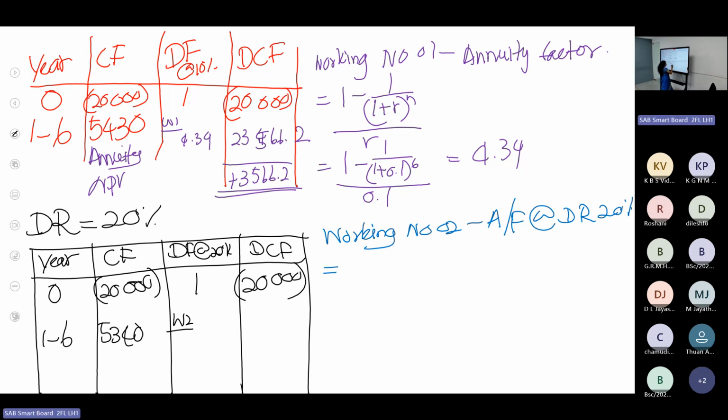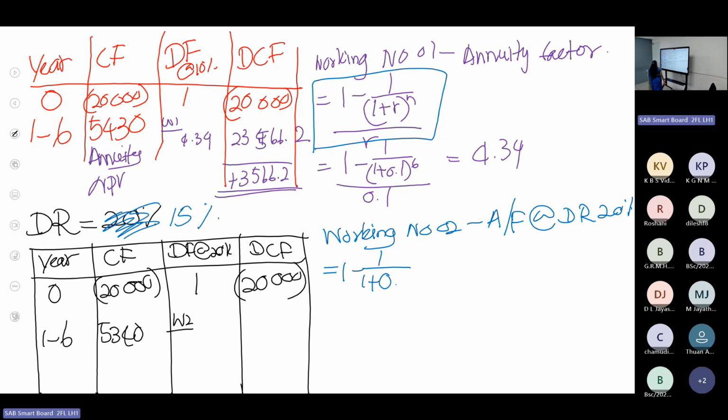How to calculate the annuity factor? 1 minus 1 divided by 1 plus r. The basic formula is given here. Yes, okay, 20.